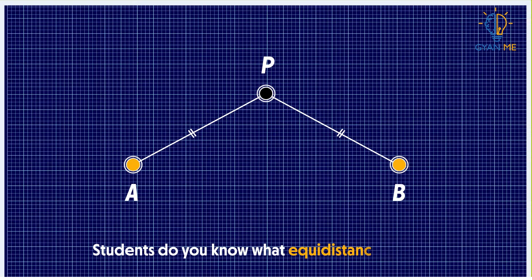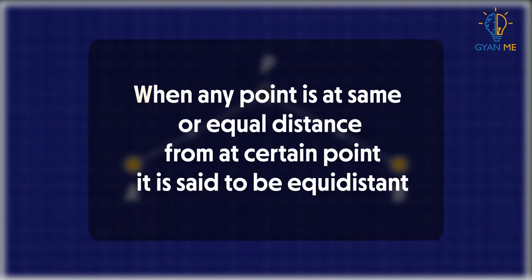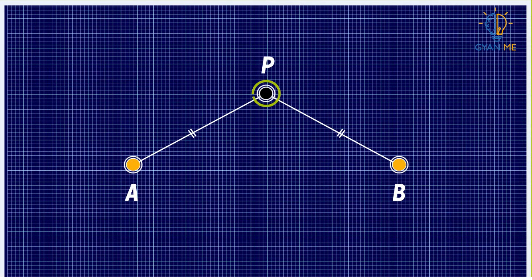I am sure you know it. When any point is at the same or equal distance from certain points, it is said to be equidistant. Here, point P is at equal distance from A and B both. So we can say that distance PA is equal to distance PB.